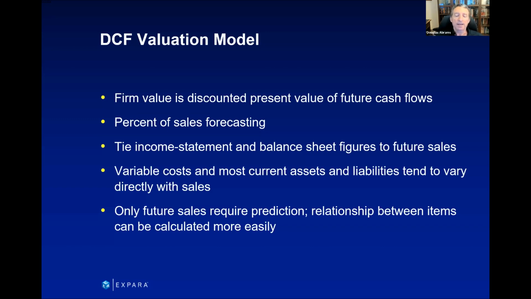The discount part means what? It means money that you receive in the future is worth less than money you receive today. Why? Because of something called the time value of money. Time value of money means that as time passes, money that you have now is worth more in the future because you can invest it.